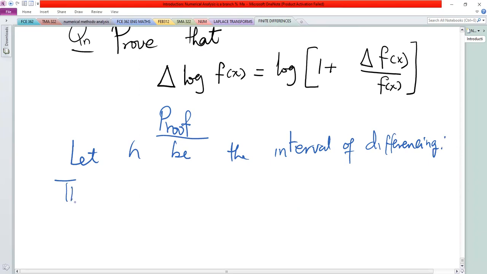Then f of x plus h is given by the shift of f of x, this by definition.